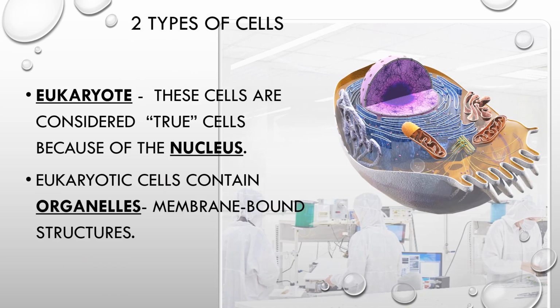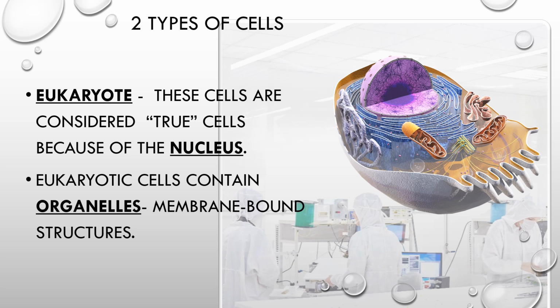When looking at a eukaryote, these are considered to be true cells because of the nucleus. Please keep in mind that eukaryote starts with the letters EU. Make note of that, because that also refers to the nucleus, which also has an EU.